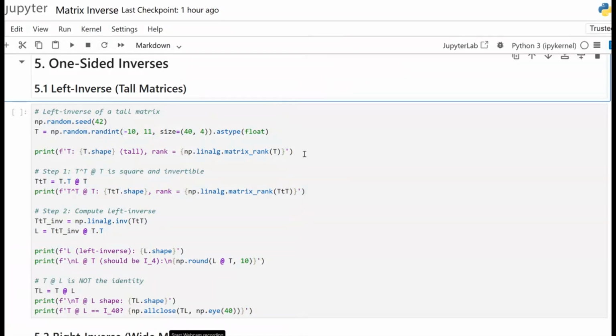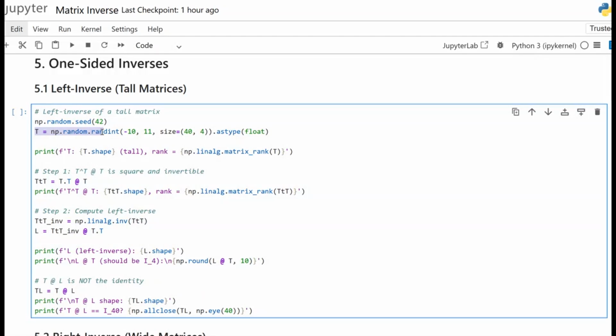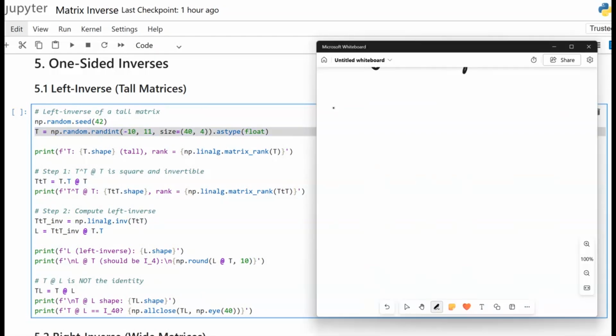Okay, let me discuss one by one. First of all, let me move on to the left inverse for a tall matrix. Construct code that verifies a left inverse for a tall matrix. Here we have a random matrix T, and its shape is 40 by 4.